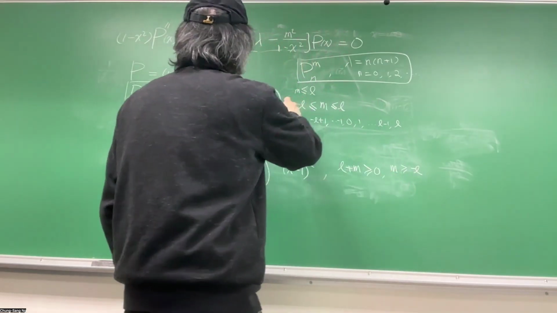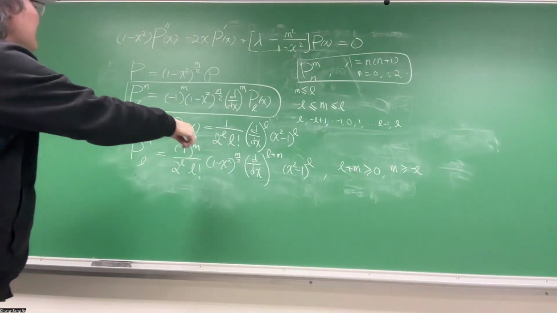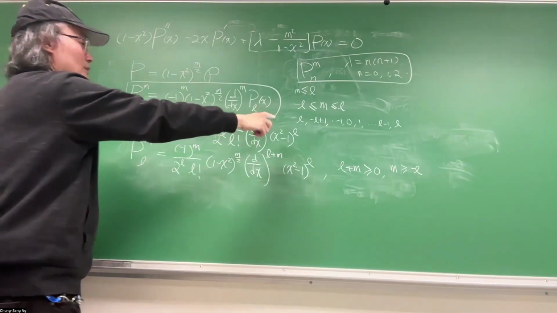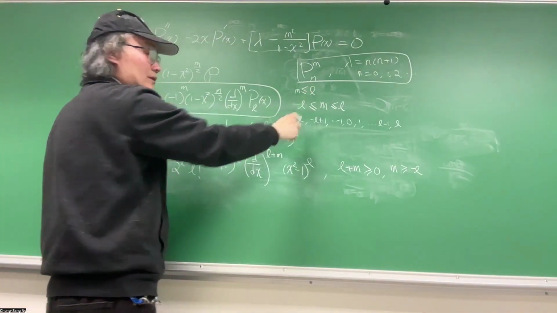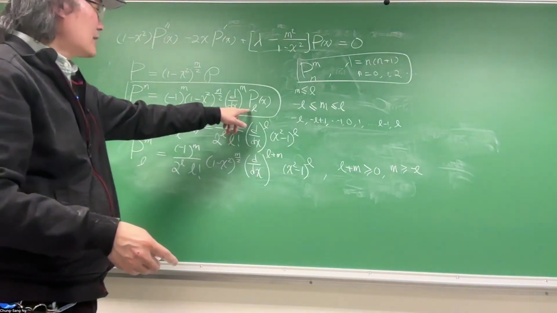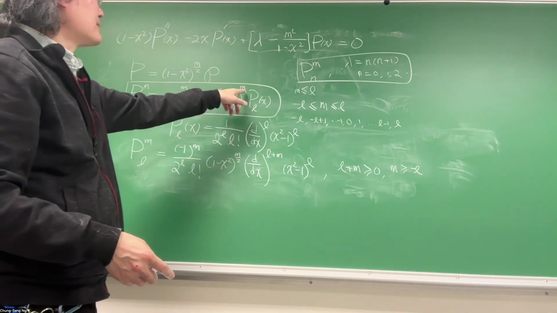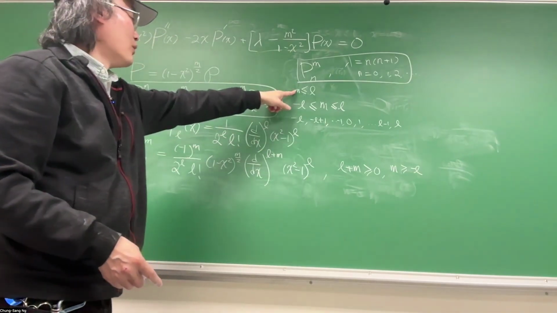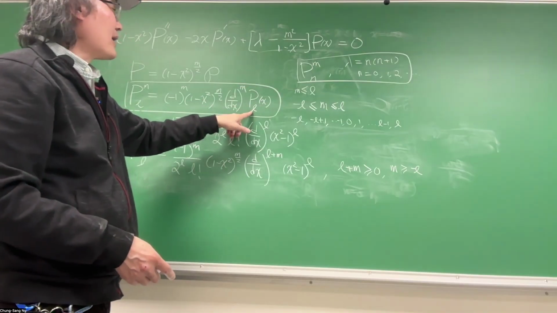The first condition, when we derived the solution, which is basically this part, requires that m is less than or equal to L, because that's how you take the m derivative of P_L, which does not exist if you take more derivatives than the highest power.